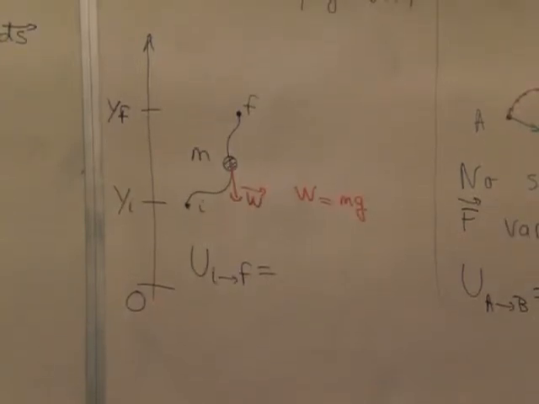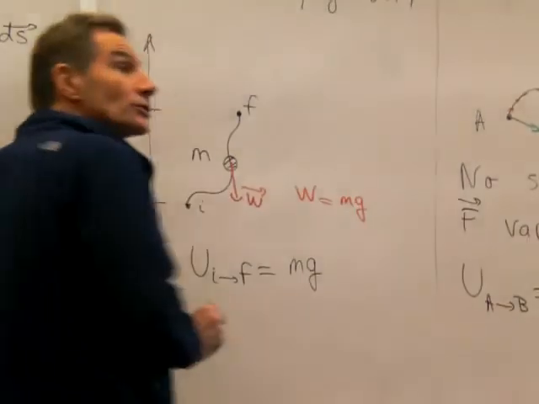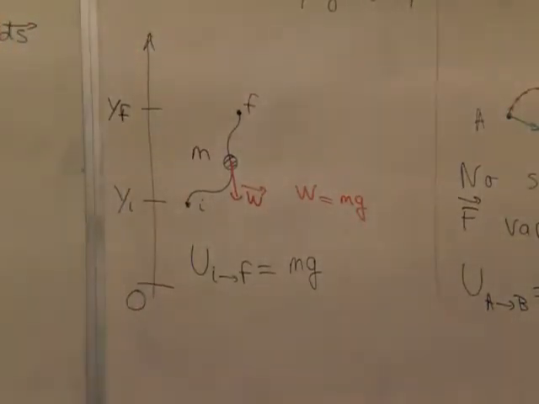How do you find the work done by a weight? It's mg times what? Delta h, sorry. So it's going to be mg times the change in height. Is it yi minus yf or yf minus yi? yf minus yi.